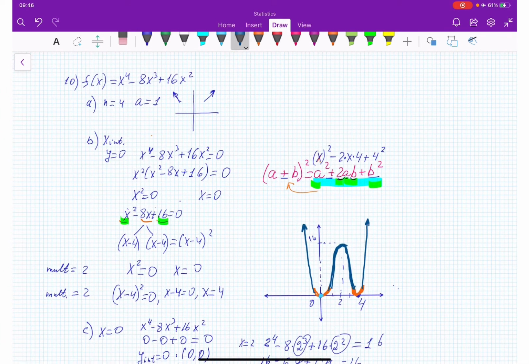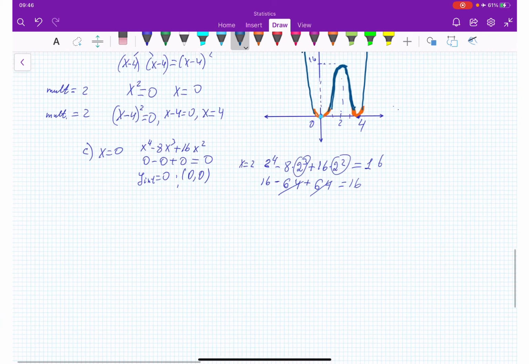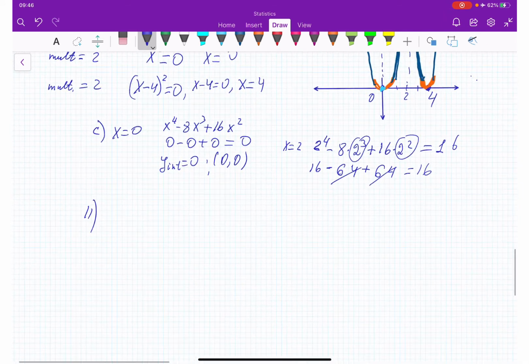Question number 11. f of x is equal negative 2x to power 4 minus 4x to power 3. All right. Let's see. End behavior.